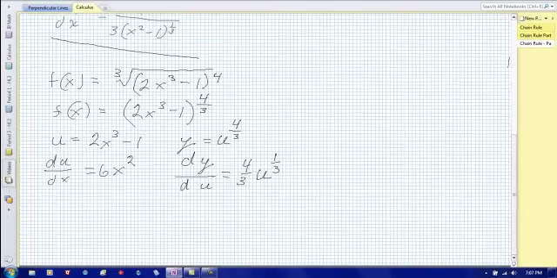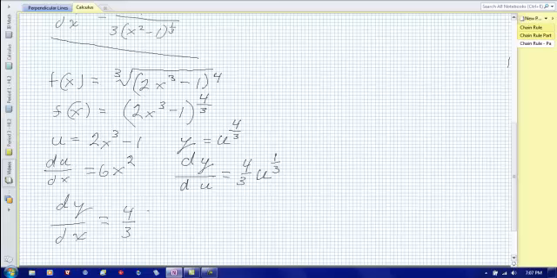Now putting it all together, dy dx. Okay, so the dy du, so we've got the 4/3. We're going to replace the u, the 2x cubed minus 1, times now the derivative du dx, 6x squared.